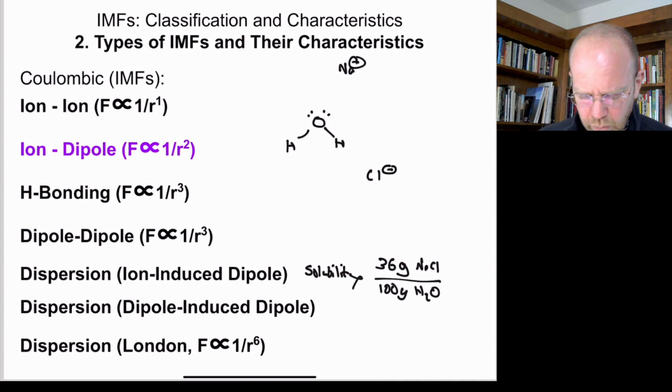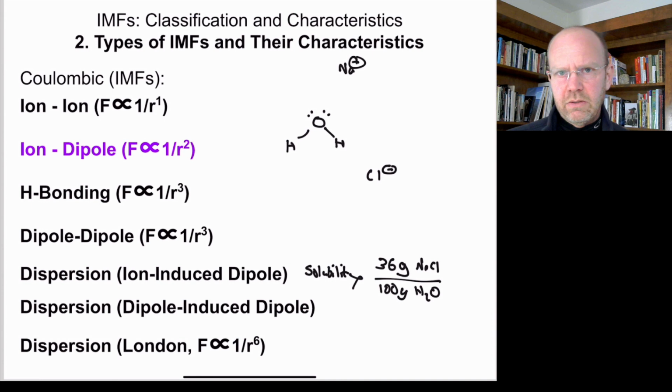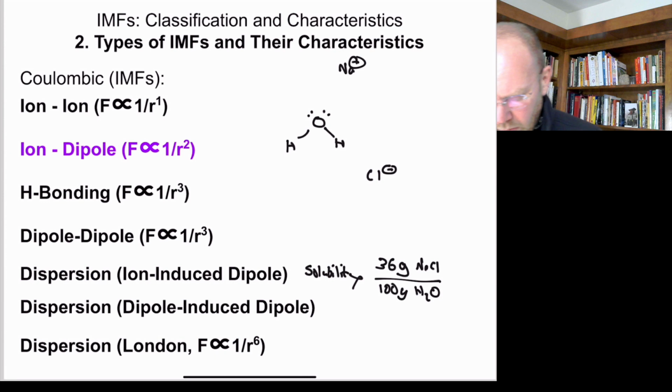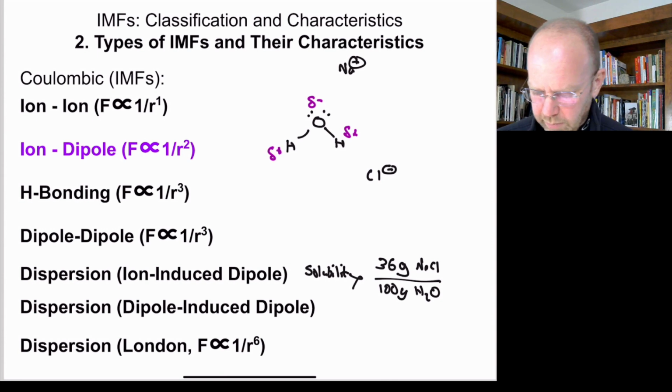Another type of intermolecular force is the ion-dipole force. You learned about molecular shape and how you can understand whether a molecule or a bond has a dipole last semester in high school. And I've already talked about it in this video: oxygen has a partial negative charge, and this hydrogen has a partial positive charge.